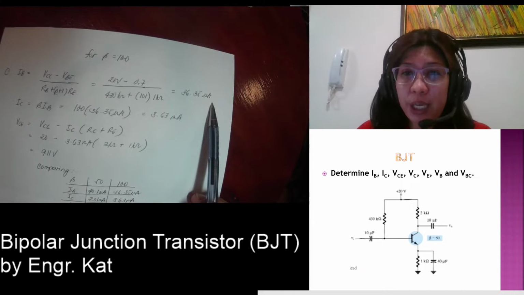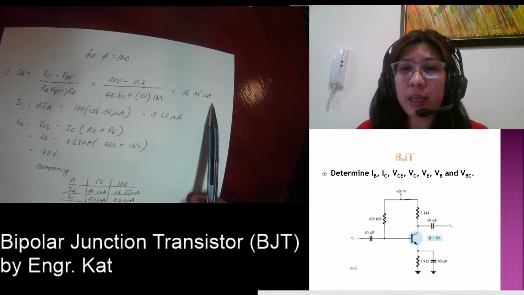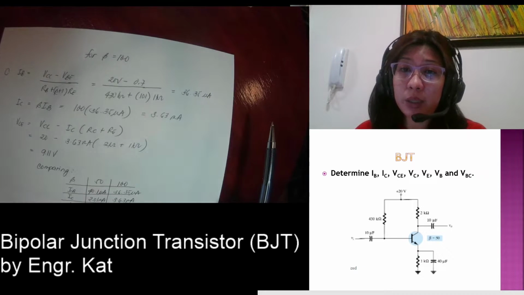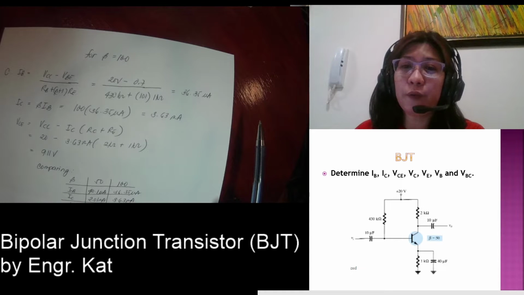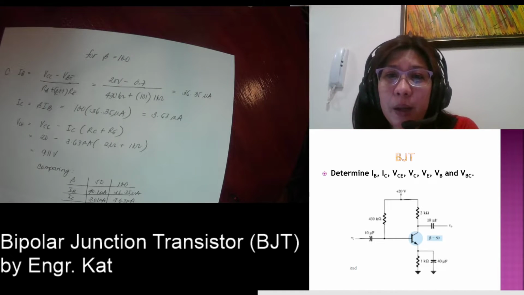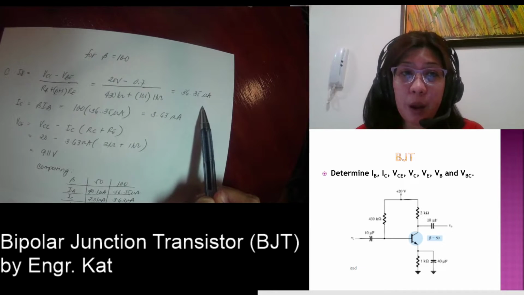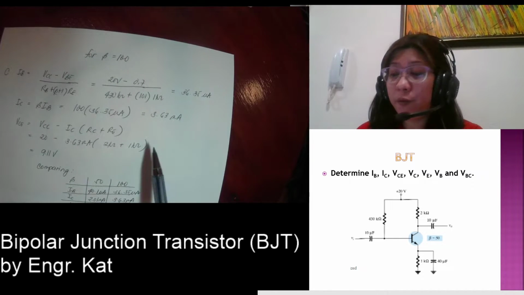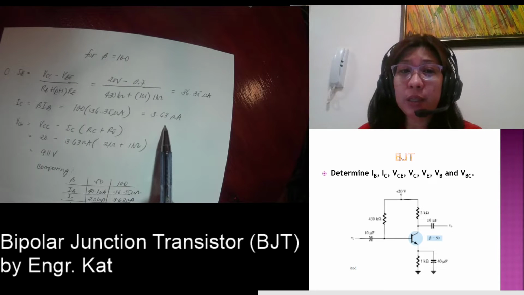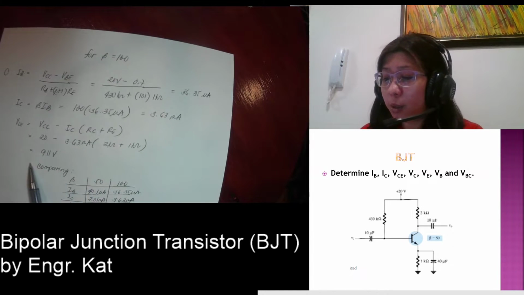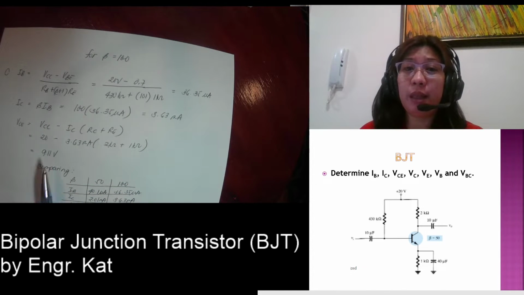This time IB changed because it is dependent on the value of beta. When beta changes, IB also changes because of the appearance of the beta parameter in the formula for the base current. So we have here 36.35 microamperes, and then solving for IC, we have 3.63 milliamperes, and then solving for VCE, we have 9.11 volts.